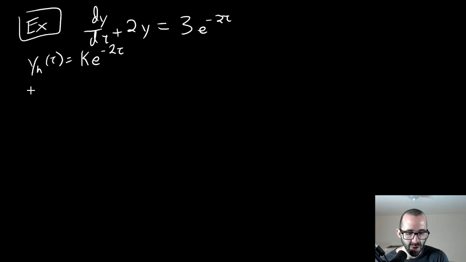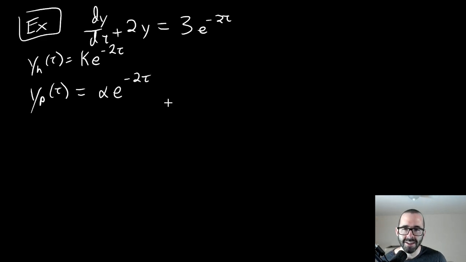And Jason, we already know how the particular solution is going to look. Our guess is that it's just going to look like alpha times e to the negative 2t. Okay, I guess it's good practice, but let's keep going. What is the derivative of y with respect to t for this y? That's going to be negative 2 alpha e to the negative 2t.